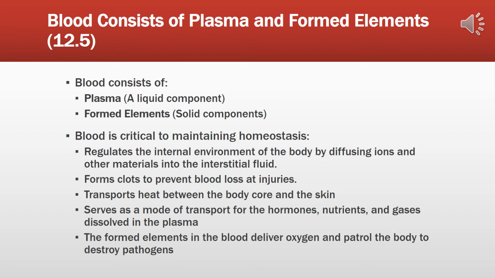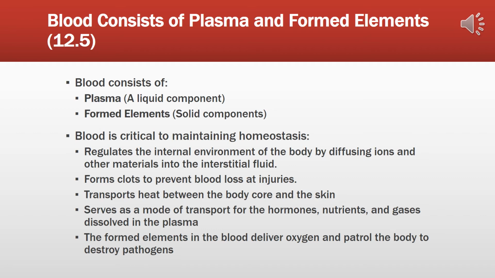Blood is critical to maintaining homeostasis for these reasons. It regulates the internal environment of the body by allowing diffusion of ions and other materials into the interstitial fluid. And if I haven't said it before, interstitial fluid is simply the fluid between cells. Blood forms clots to prevent loss of blood after injury.